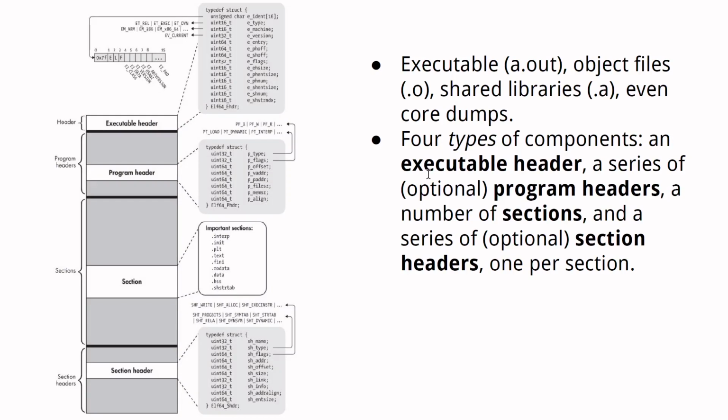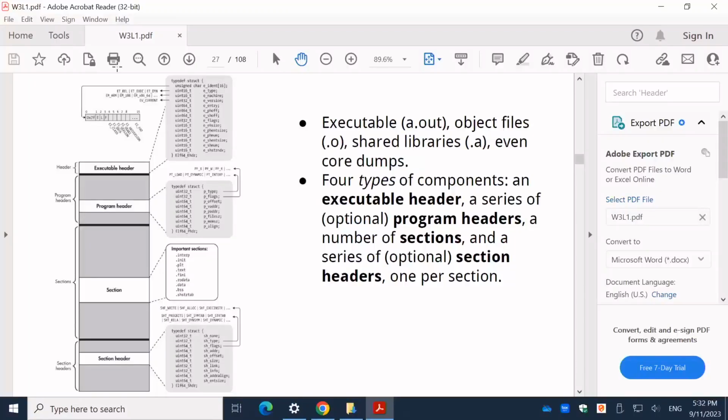This resides in the file system. This is not what is in memory. It always starts with an executable header, and the header always starts with a magic number, which is 7F in hex, then just the letters ELF. All the ELF files are like that.